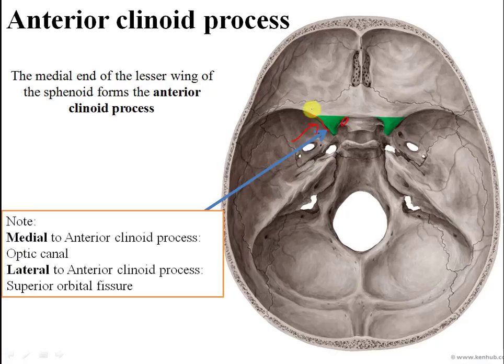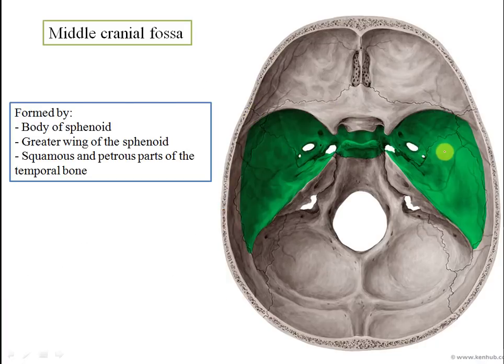So, to summarize, the anterior cranial fossa is formed by the orbital plates of the frontal bone, the ethmoid bone in the middle, and here part of the body of the sphenoid and the lesser wings of the sphenoid. Now the middle cranial fossa is formed in the middle by the body of the sphenoid, the greater wings of the sphenoid, and more posteriorly, the temporal bone.